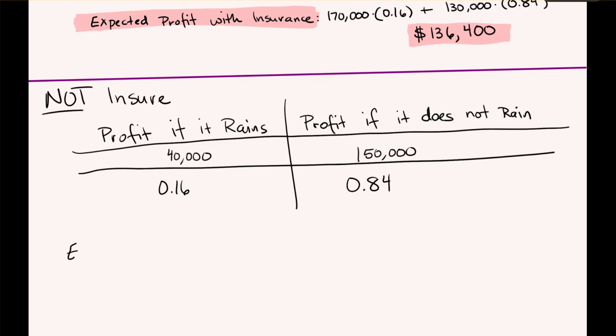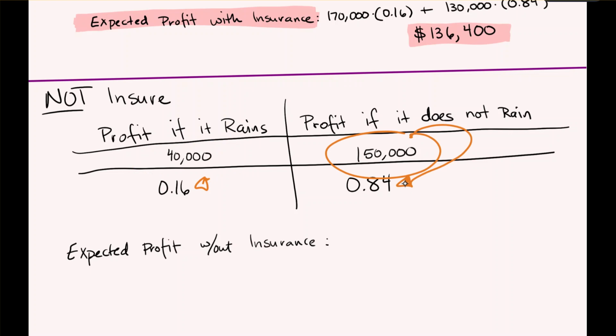And now to find the expected profit without insurance, we just find the expected value, which says take the item times its probability plus the item times its probability until we go throughout the table. So for us, that's 40,000 times 0.16 plus 150,000 times 0.84. So we'll calculate that.